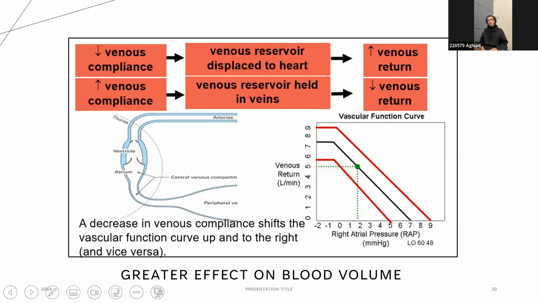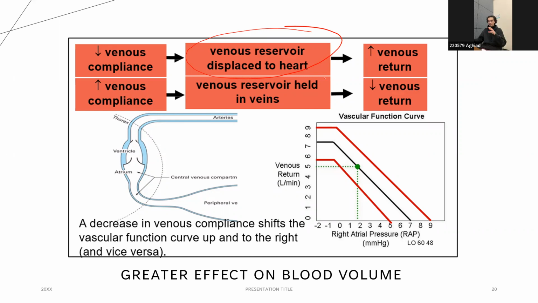Now, what would happen if we decrease the venous compliance? A decrease in venous compliance means that the pooled blood is moving out of the veins, so as the volume increases, right atrial pressure increases. Blood changes, especially the ones affected by the veins, affect the whole body.